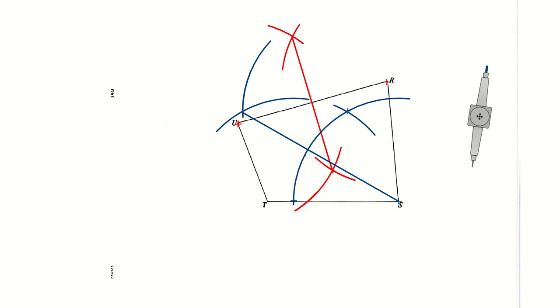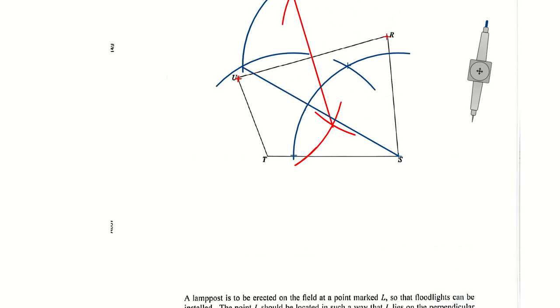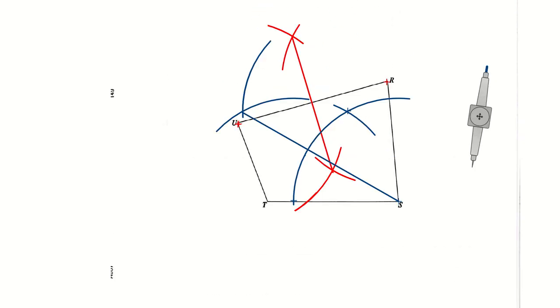Now they told you the lamppost, point L. The lamppost marked at L is where these two, the 30 degrees LST and that perpendicular line, intersect. So L is going to be found where the perpendicular bisector and your 30 degrees intersect. So this here is going to be L.